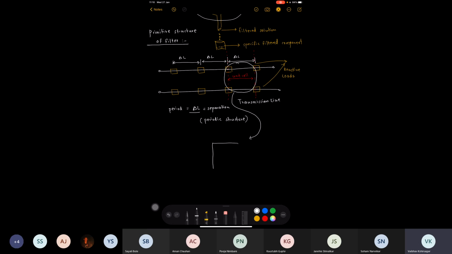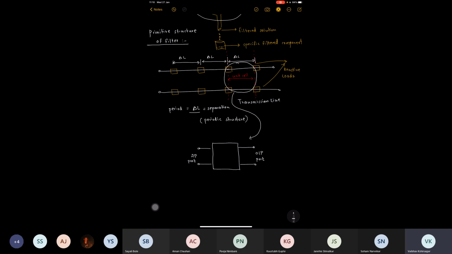A two-port network will look like this. It has a certain input and a certain output. So this is the input port and this is the output port. This we call a unit cell.